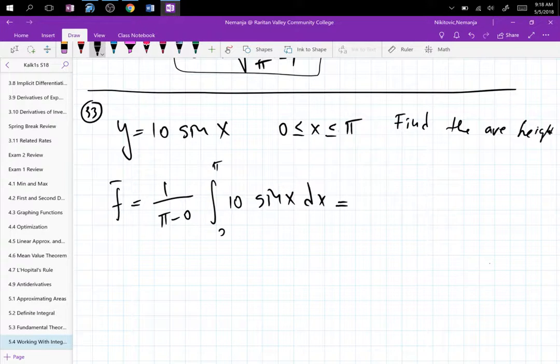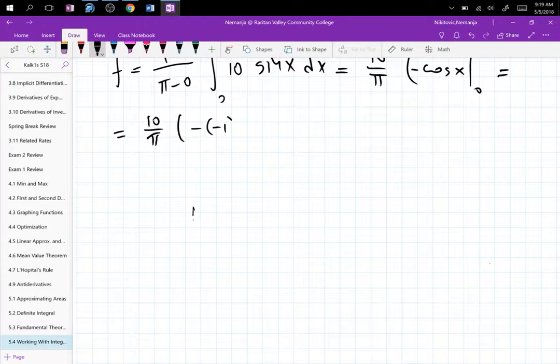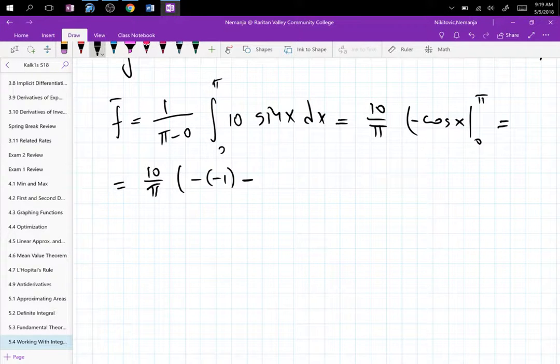Now you kick 10 out, it becomes 10 over pi. Integral of sine x is negative cosine x, computed from 0 to pi. So we have 10 over pi, and now, what's cosine of pi? Negative 1. Okay, good. So that's going to be negative 1 minus, and now you have negative cosine of 0.